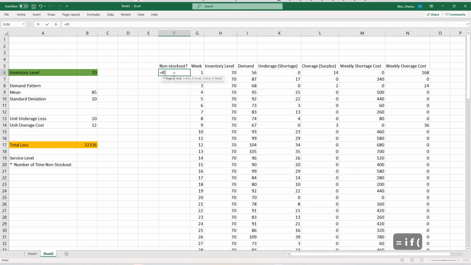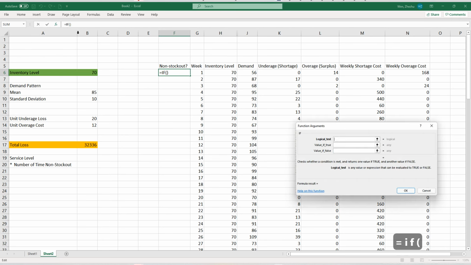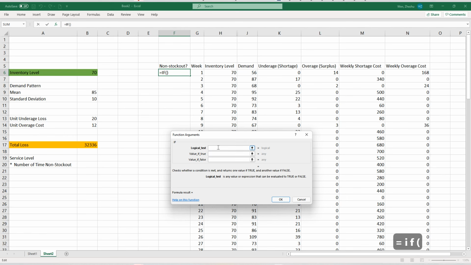If we're evaluating the first week for now, if the surplus is bigger than or equal to 0, should I include 0 or no? That's a good question. I think the better way is to evaluate this using the underage.